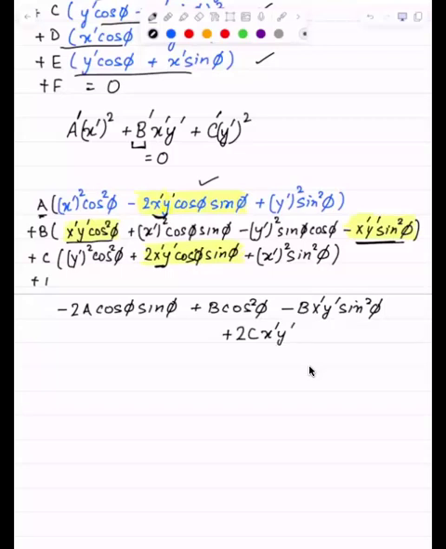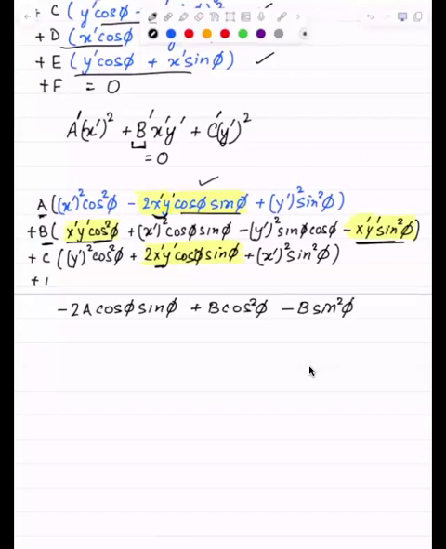Oh, I should just write the coefficients of everything. So from the first one, it's minus 2a cosine phi sine phi. From the second one, it's b cosine squared phi. From the third one, it's minus b sine squared phi.